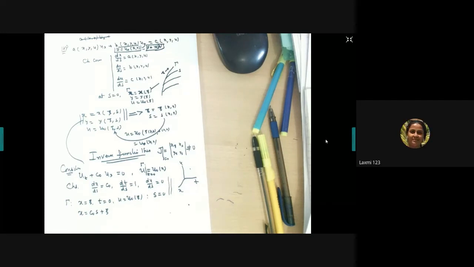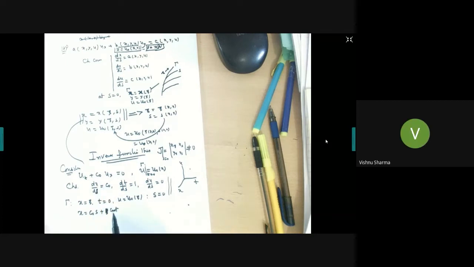Can you explain this step again, sir? Yes. Look here. This is the first equation. Now I have to solve these equations subject to these conditions. So I am integrating this first equation. Here it will be some constant. Then x is equal to c naught s plus constant.